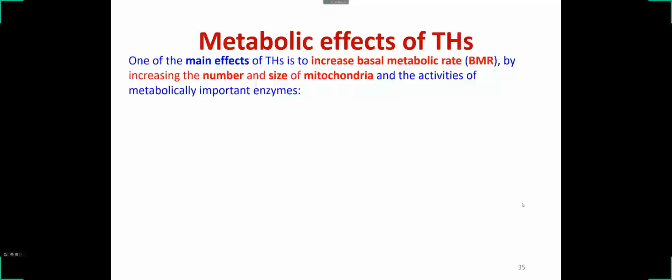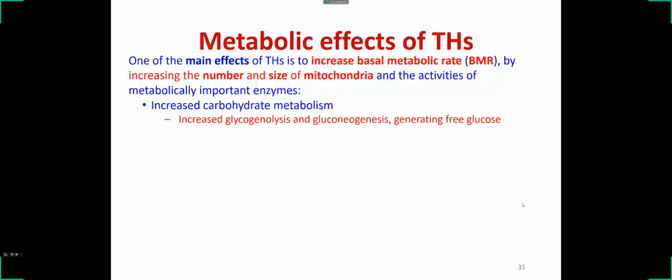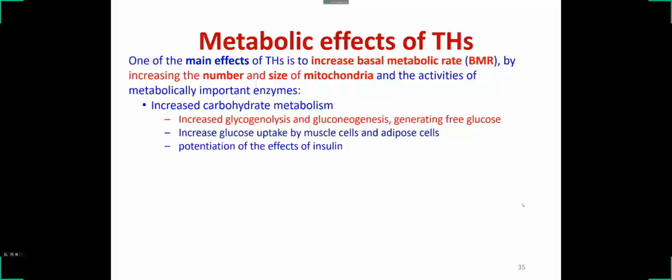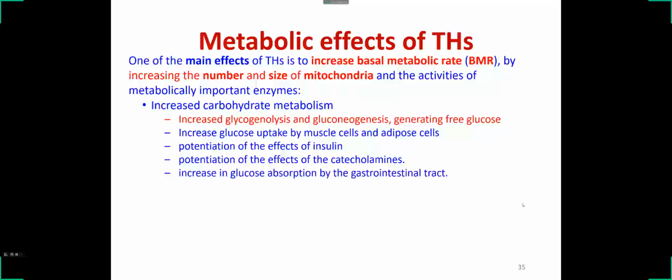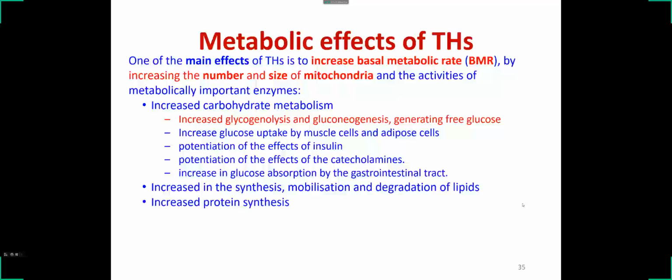We have an increase in the number and size of mitochondria, increased carbohydrate metabolism, increased glycogenolysis and gluconeogenesis, generating free glucose, increased glucose uptake by muscle cells and fat cells, potentiation of the effects of insulin, as we talked about, potentiation of those catecholamines via beta-adrenergic receptor change, increase in glucose absorption by the GI tract that we talked about, and then change specifically around degradation of lipids is a key one, right?